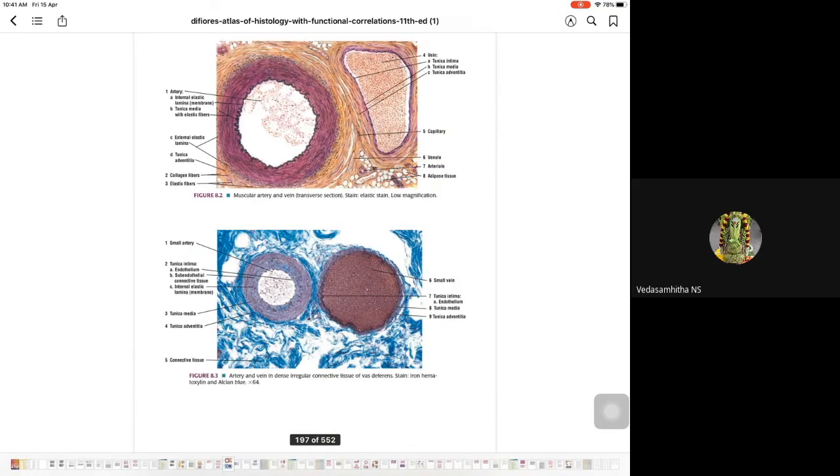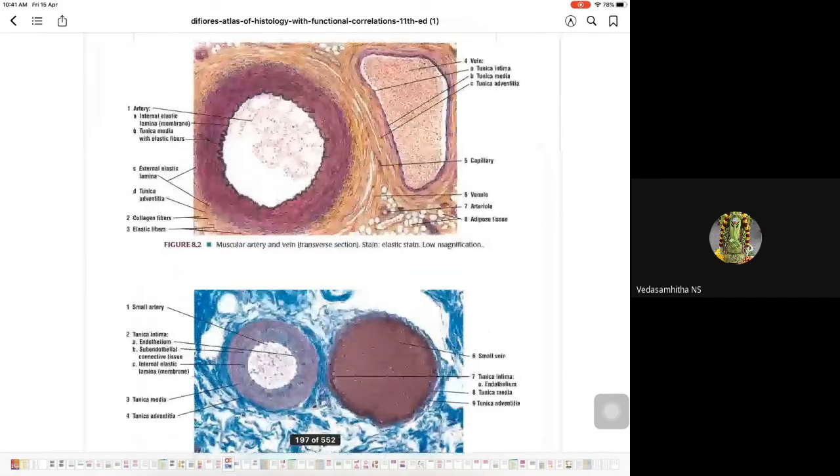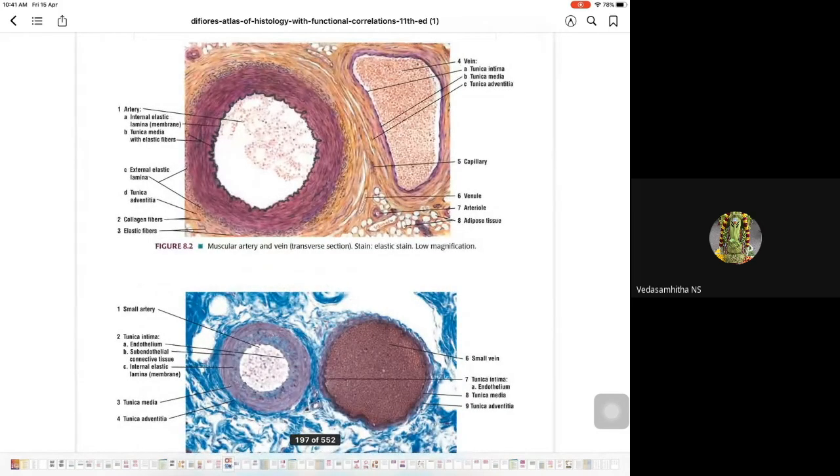Muscular artery and vein, transverse section, elastic stain, low magnification. Artery: internal elastic lamina membrane, tunica media with elastic fibers, external elastic lamina, tunica adventitia, collagen fibers, elastic fibers.